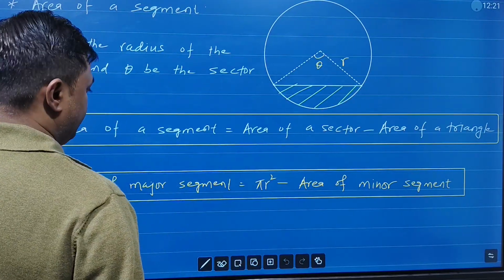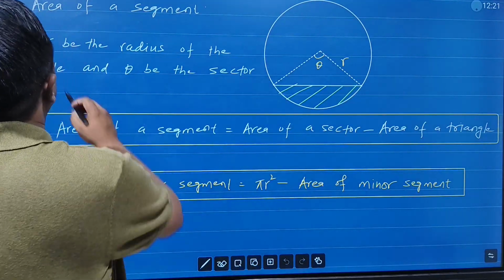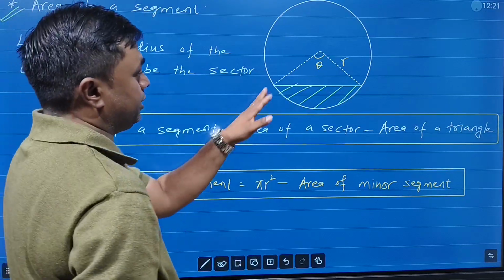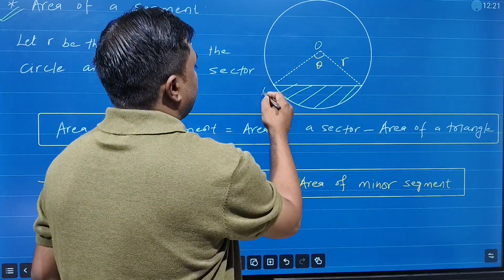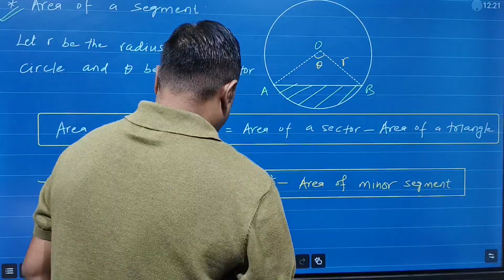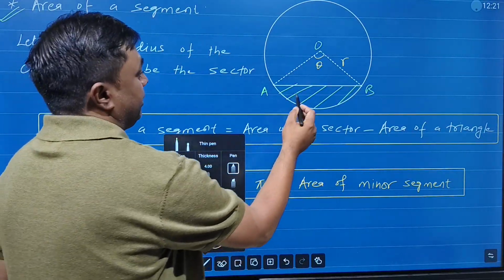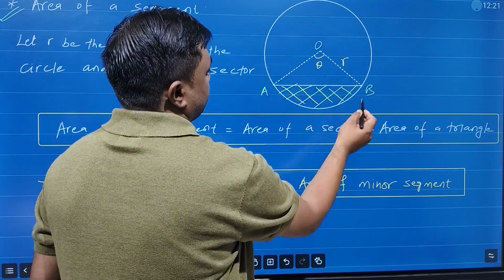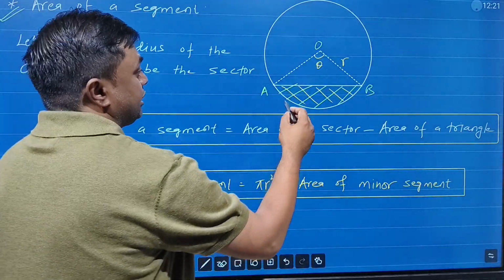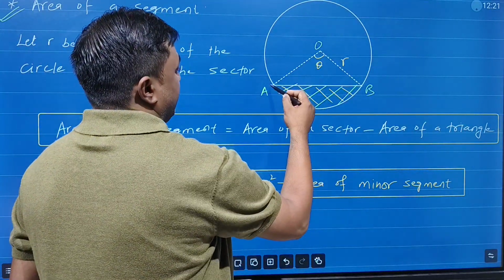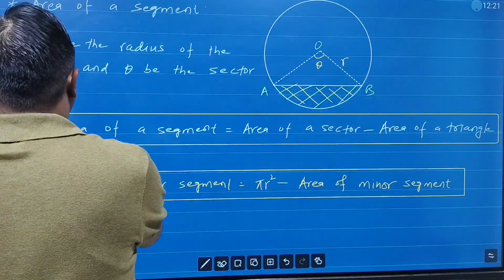Lastly, we have the area of a segment. How do we find the area of a segment? Let's take this O A B. I want to find the area of this segment. It is nothing but the area of the sector minus the area of the triangle. Remember this formula.